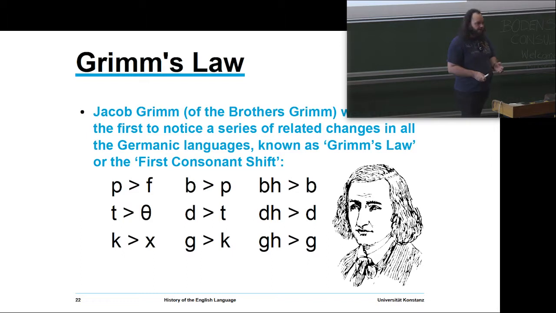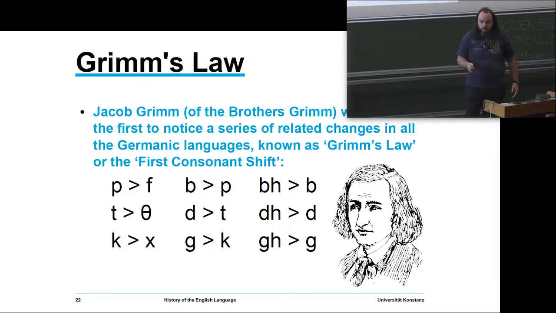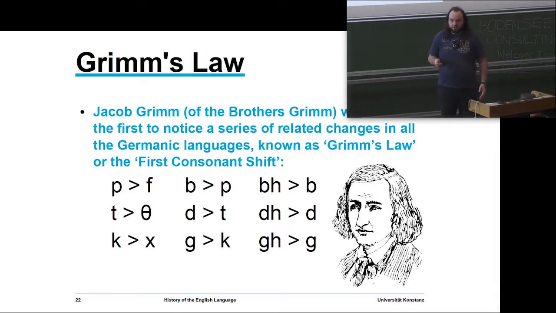Well, let's go back a step. He found that there were correspondences between certain sounds in Germanic languages and certain other sounds in non-Germanic Indo-European languages. So, for instance, where other Indo-European languages have a p, Germanic languages will have an f, and so on. There are 9 of them, in fact, in this context.